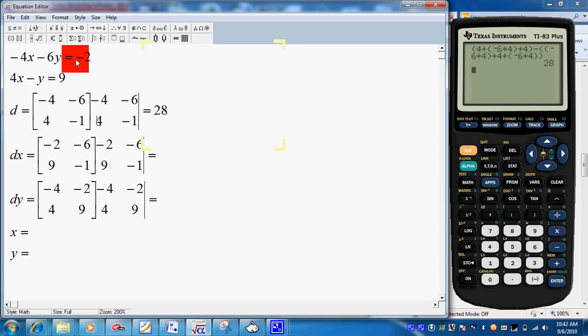The next thing is to put in a negative 2 times 1, which will give you a positive 2, plus negative 6 times 9, which I don't know what it is, so I'll just put it in parentheses and let the calculator figure it out.